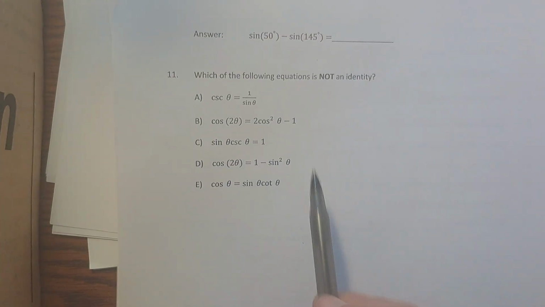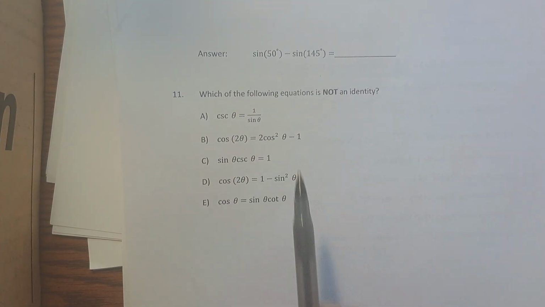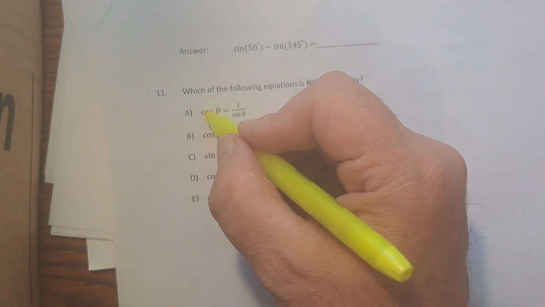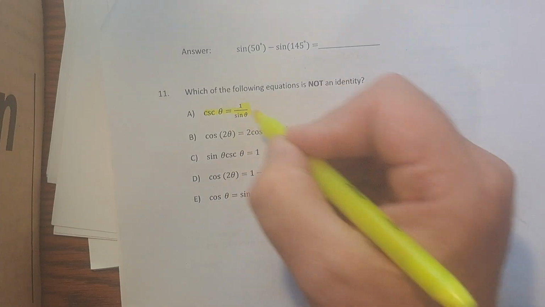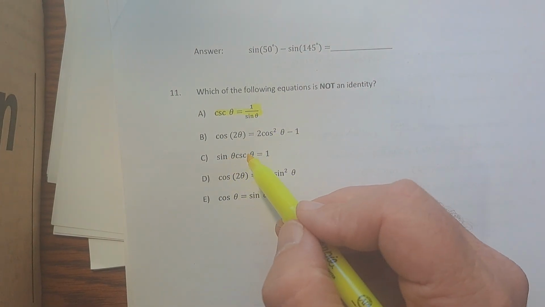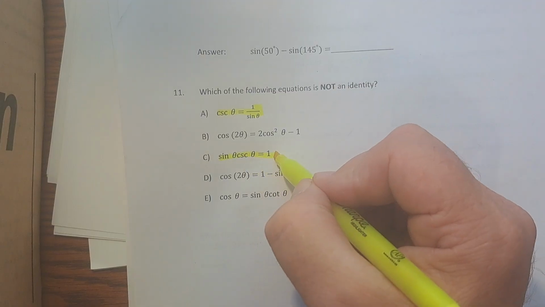Okay, then lastly, which of the following equations is not an identity? Well, we're supposed to know that cosecant is 1 over sine. It's like a definition for cosecant. And if cosecant really is 1 over sine, then this is sine times 1 over sine, which really is 1, so that's got to be okay.